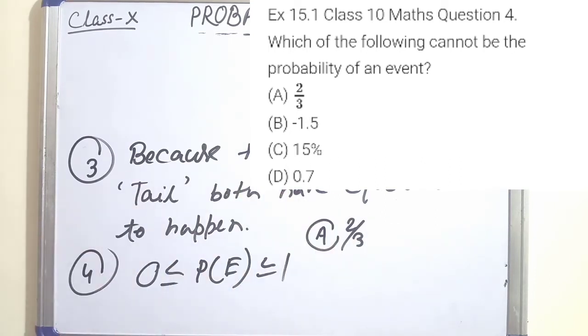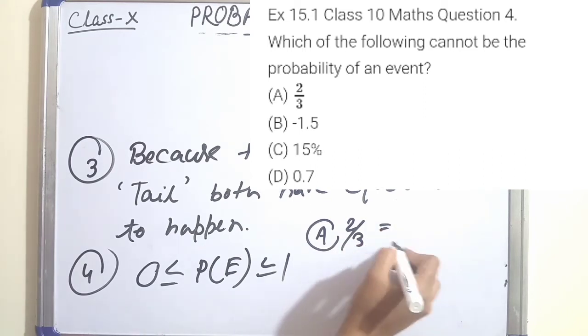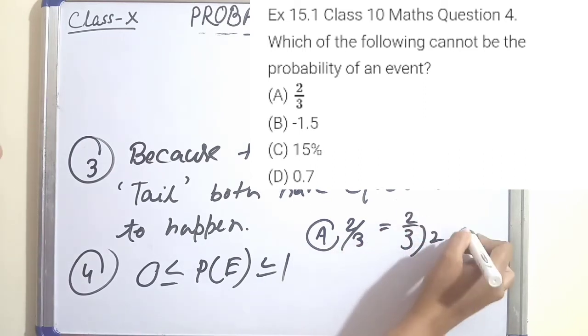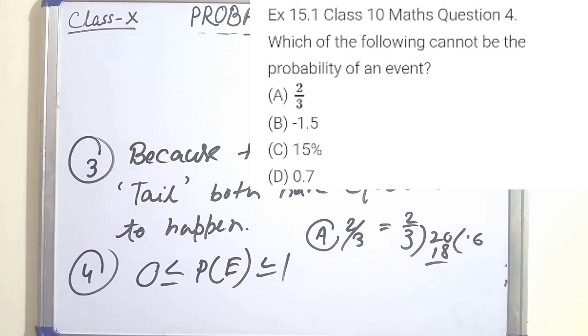So 2 upon 3 means 0.6 something. So that means this lies between 0 and 1. And next, option B, minus 1.5.